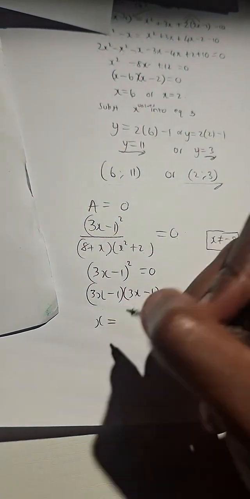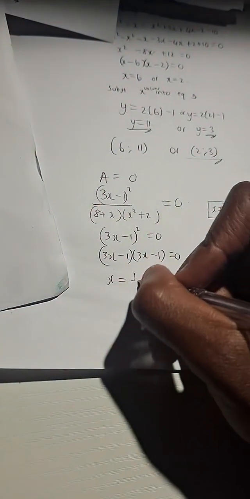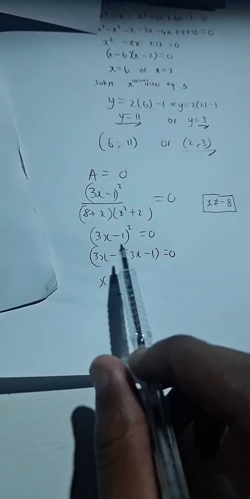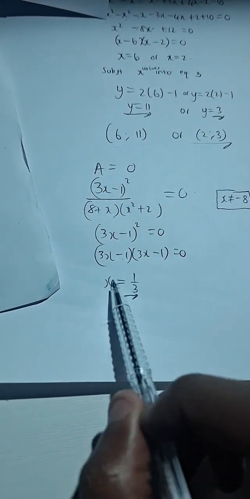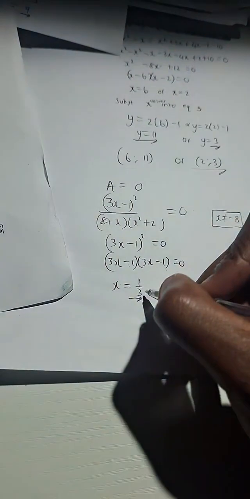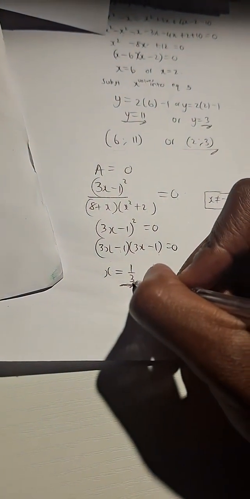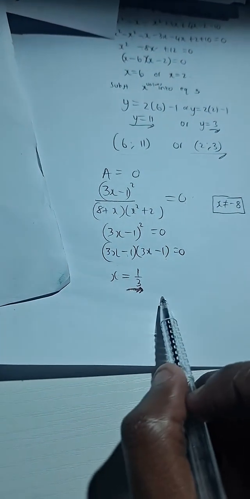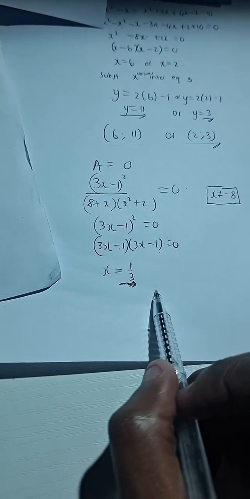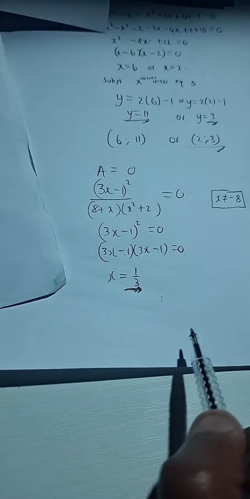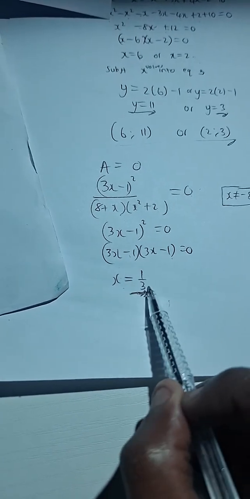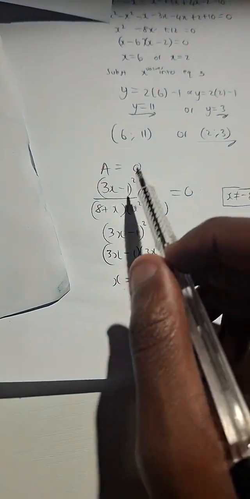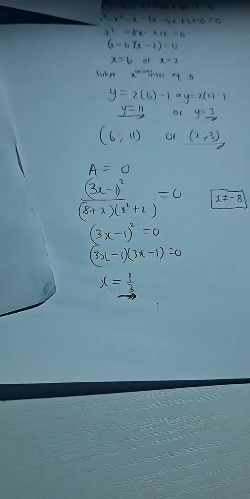So that means the answer for x is equal to 1/3. There's only one, 1/3. So this is the value of x for which a will be equal to 0. When x is equal to 1/3, then a will be 0.